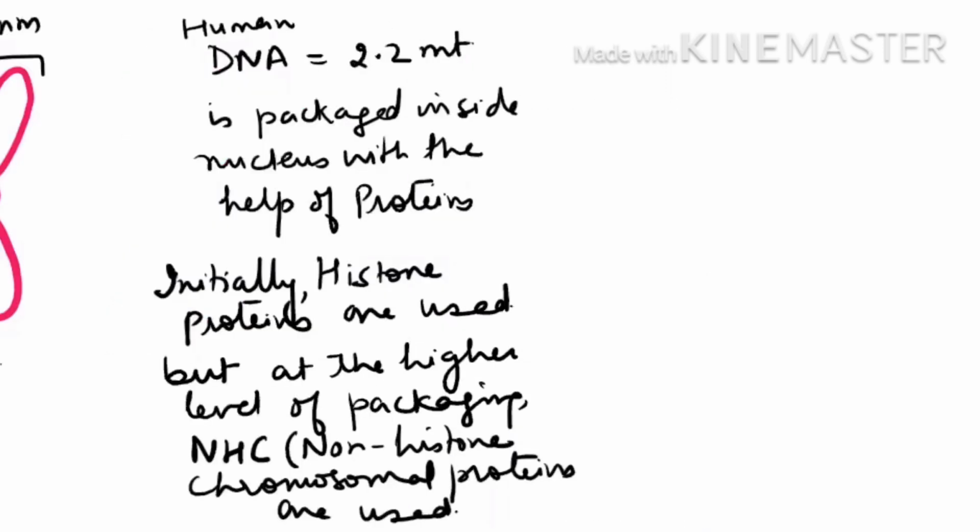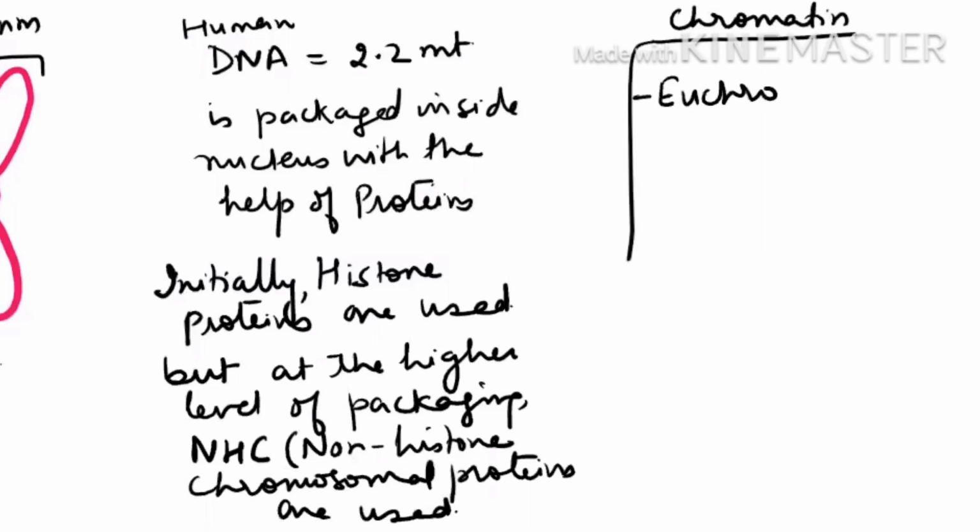Now see the next topic, chromatin. When they are making chromatin, it is again of two types, euchromatin and heterochromatin. Now see the learning tip. When the T word is coming, T means your chromatin is tightly coiled.